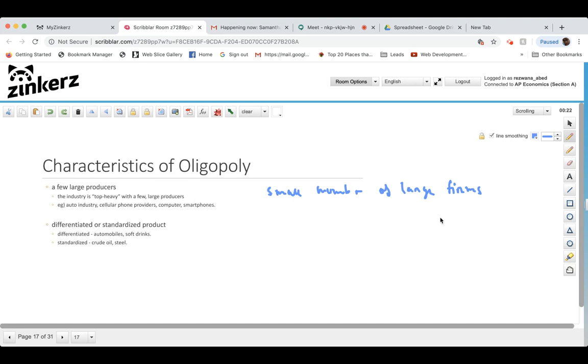With fewer than two firms, obviously, it would be a monopoly, because a monopoly is just one firm. And as the number of firms increases, oligopoly becomes close to monopolistic competition. But really the key idea here is that there are very few large producers.